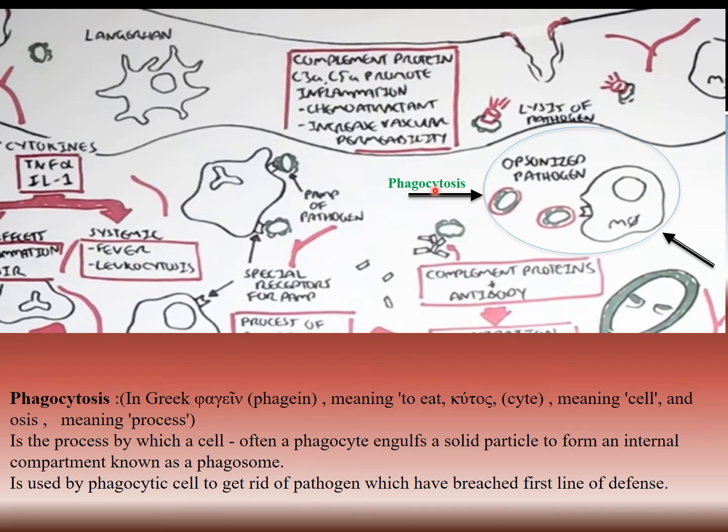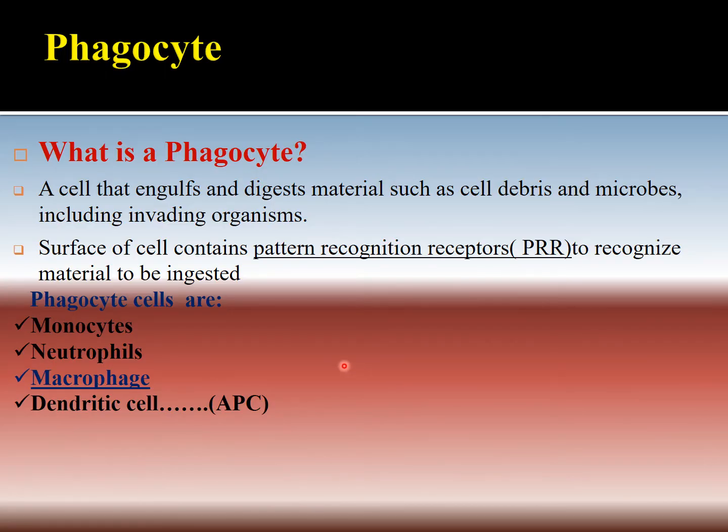Why? For phagocytosis, so that the process of engulfment begins, to get rid of the pathogens or microbes and eliminate them through a process we call phagocytosis. This type of process is for ingesting solid material or foreign antigen, and it is the process by which phagocytic cells engulf solid particles to form an internal compartment known as the phagosome. Before explaining the mechanism of phagocytosis, first of all you should know what a phagocyte is.